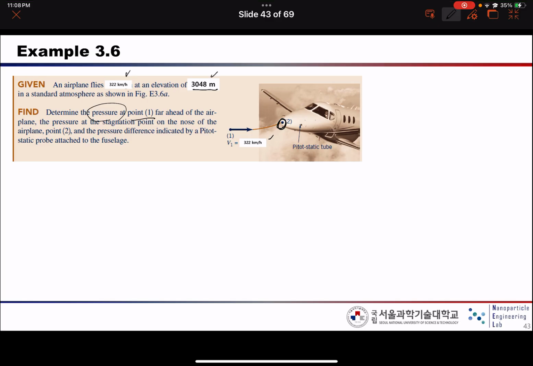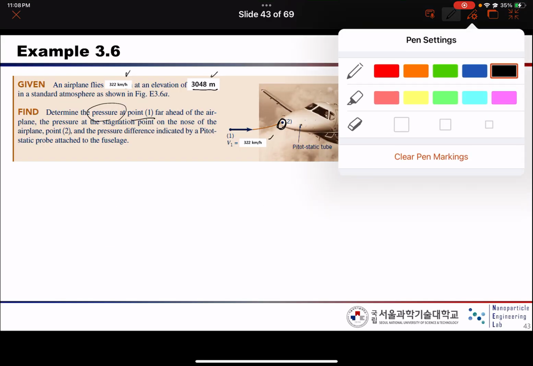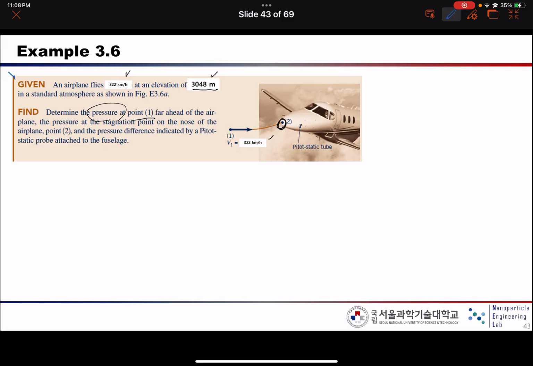Before you solve this example, you need to know the pressure at 3048 meters. Unfortunately, there is no way we can determine the pressure at this height by calculation.